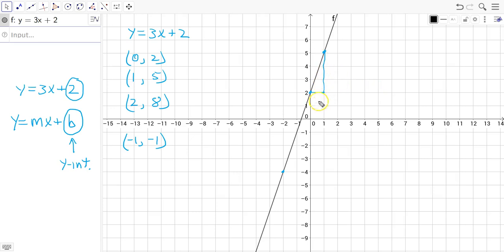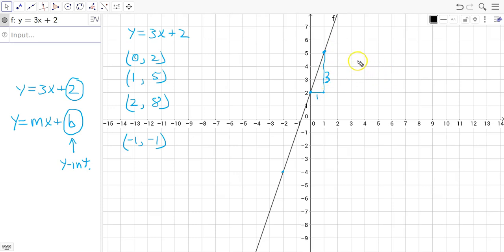So we have this little triangle here. This distance is 1, and the rise is 3. So we say our run is 1 and our rise is 3. That's what we call the slope of this line.